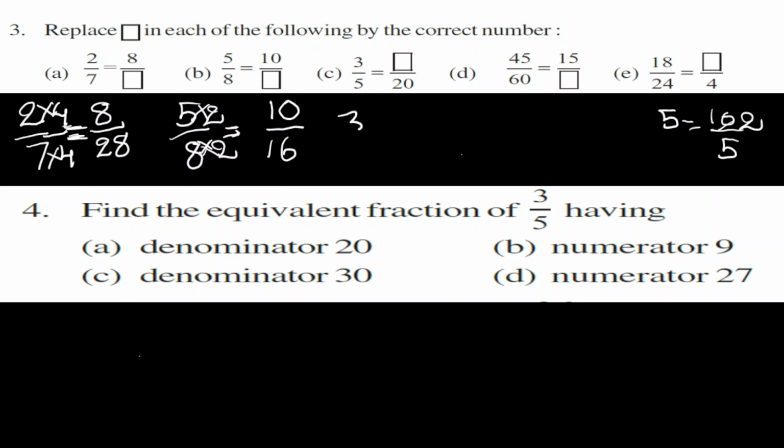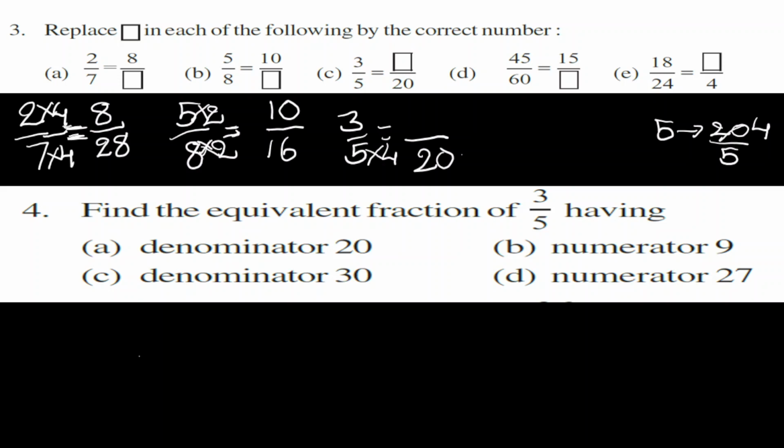And here 3 by 5. We need to find out the equivalent fraction of 3 by 5 having the denominator 20. Here 5 becomes 20. This 5 is replaced with 20. So we need to multiply 5 with 4.